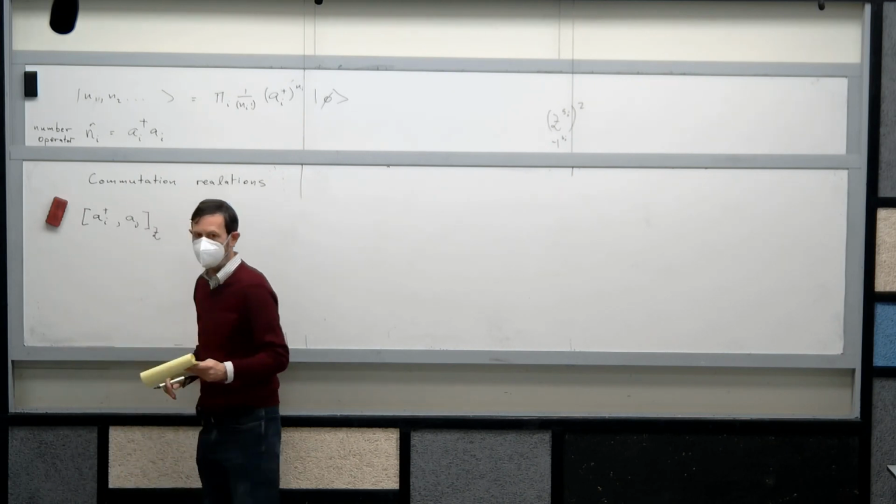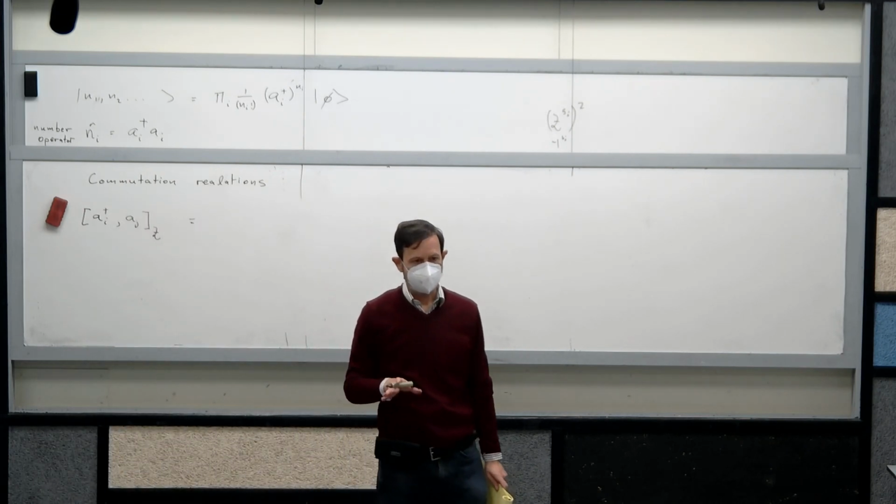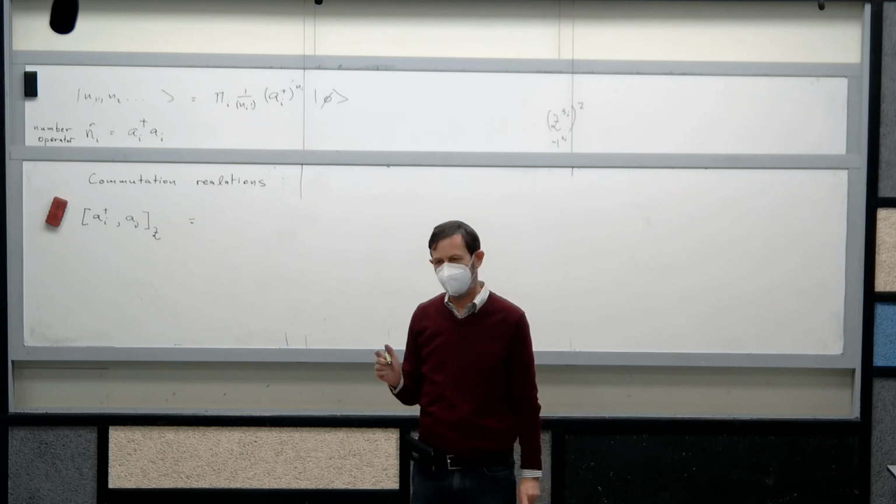So I'm defining a general commutation relation for fermions and bosons.